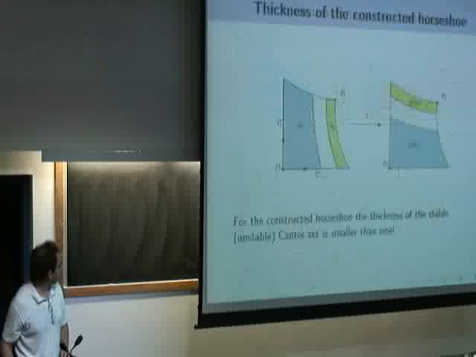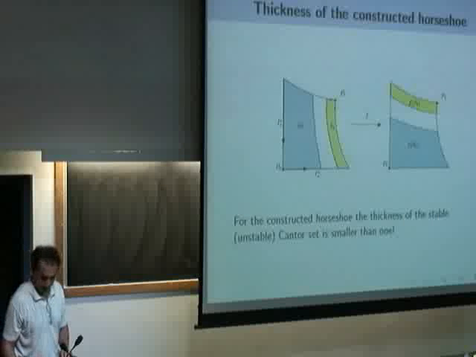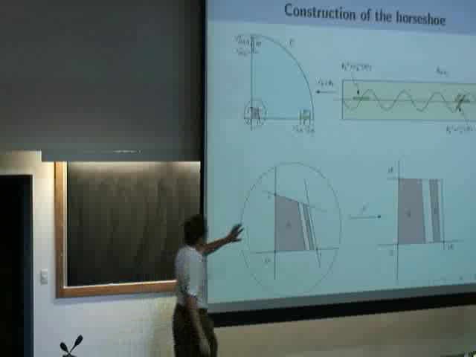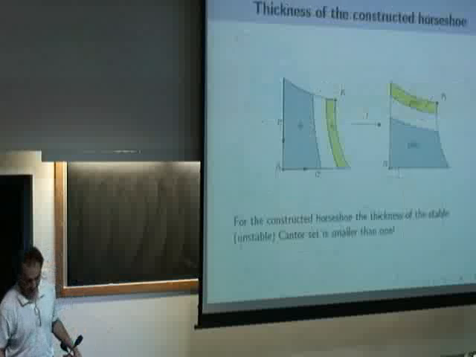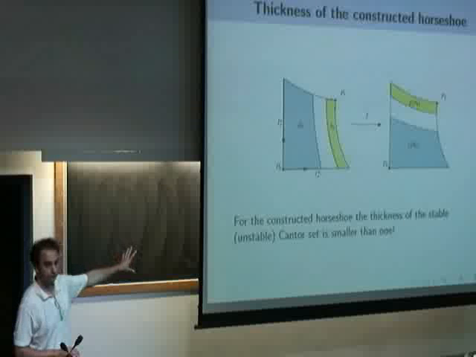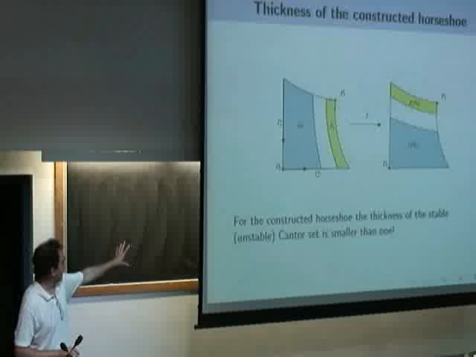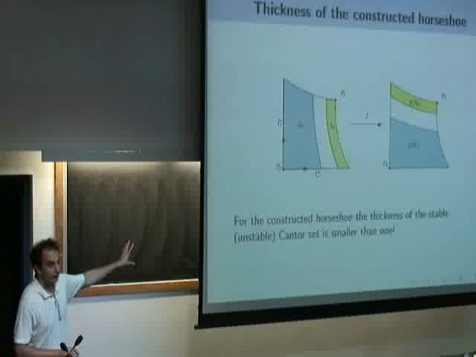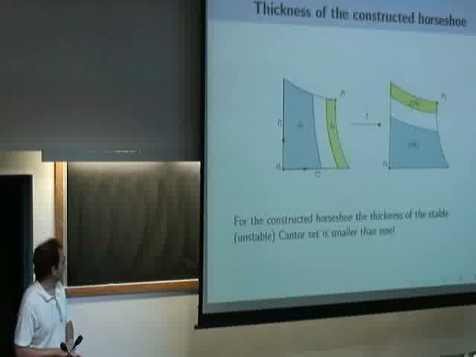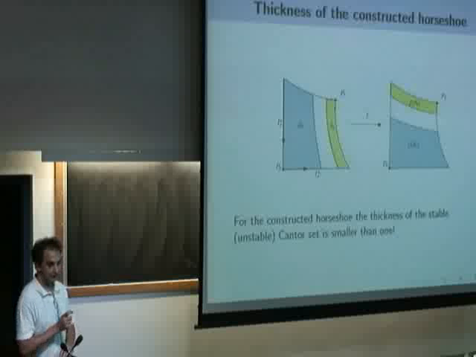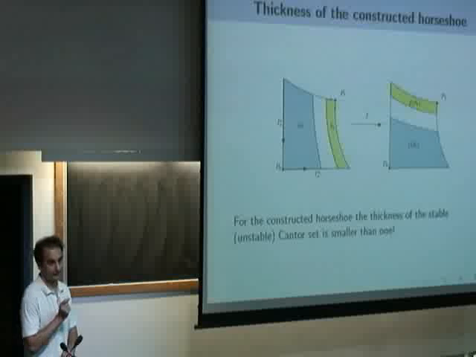Now the problem with this horseshoe: here I just want to take this horseshoe and send it to itself. So I consider the first return map. The first return map is just a horseshoe of this form, and we want to take this horseshoe as our hyperbolic set. Now the problem is that one of the legs is really big and one of the legs is really small.